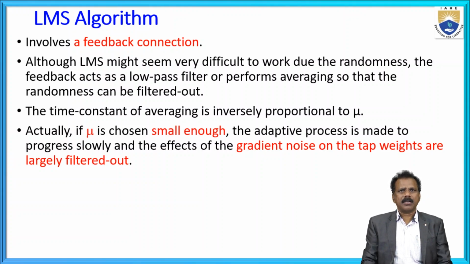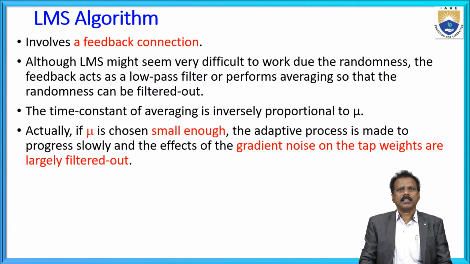This type of scenario is involved while implementing the LMS algorithm. There is involvement of the feedback connection, and the time constant of the averaging is inversely proportional to mu. If mu is chosen large, the effects of the gradient noise on the tap weights are large.